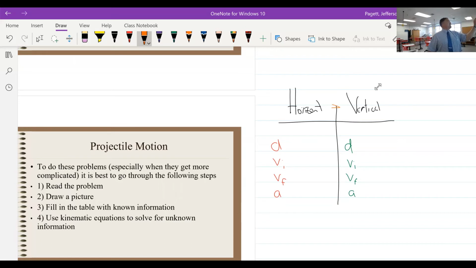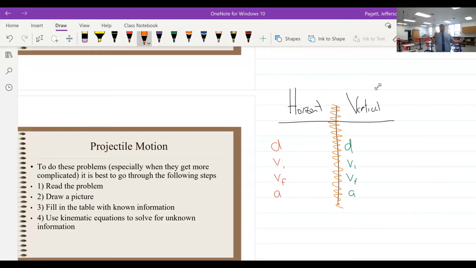This line cannot be crossed. And what that means is that your vertical distance is not going to be affected by the horizontal initial velocity. Your final horizontal velocity is not going to be affected by the vertical acceleration.